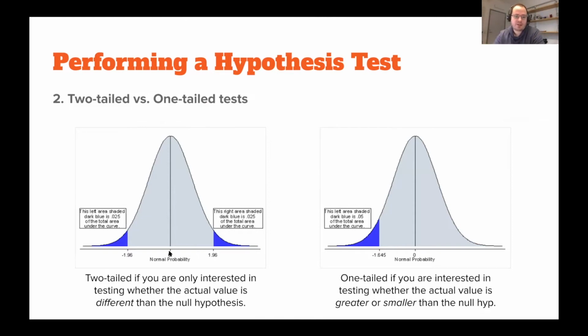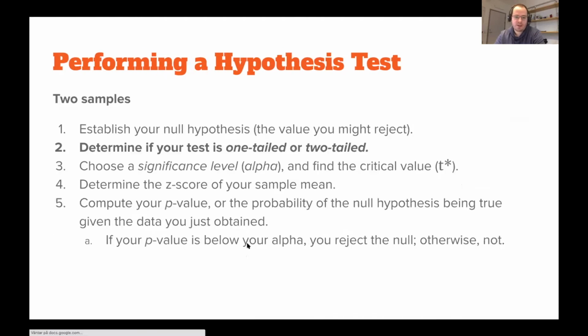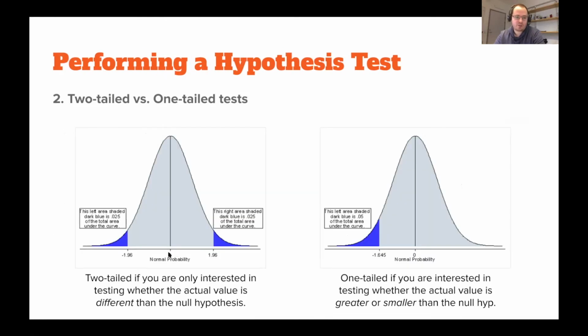Since we defined here that our null hypothesis is always that the difference equals zero, or that xa equals xb, the normal probability is now centered around zero, because that's the null hypothesis. So if your actual observed difference is somewhere close to zero, either to the left or to the right, then you cannot reject your hypothesis. But if it's very far away, then you might be able to reject your hypothesis.